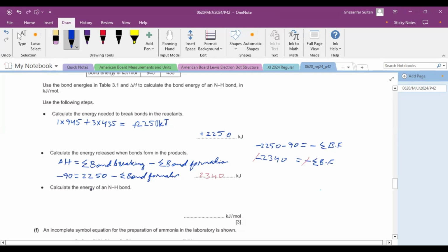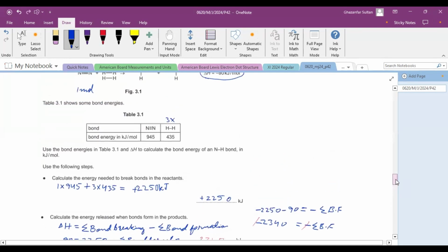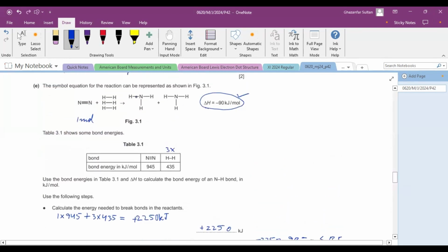Now this is the third part of the question where we have to calculate the energy for an NH bond. So the energy that we have calculated here is the energy released when bonds are formed in the product. And now here we have to see how many bonds are there. 1, 2, 3, 4, 5, 6.